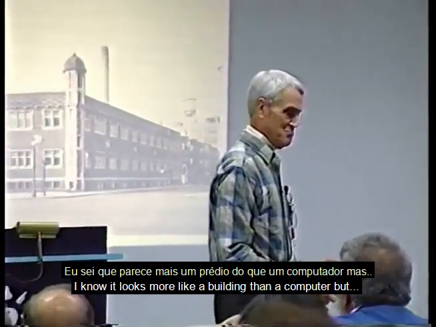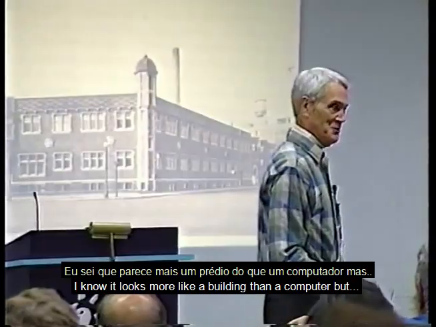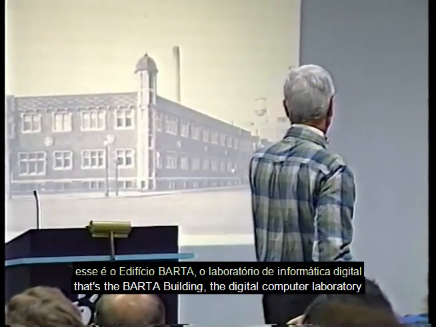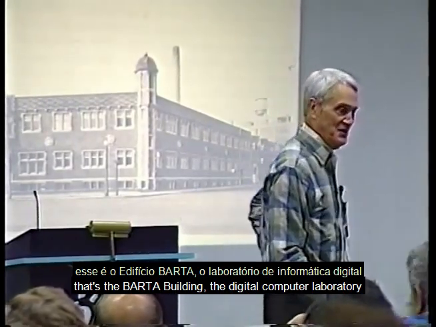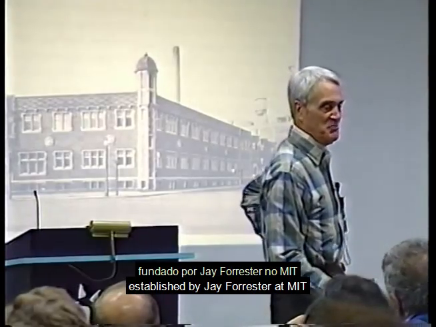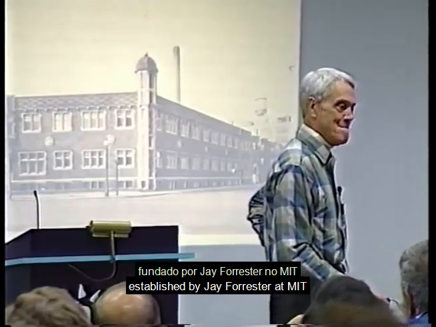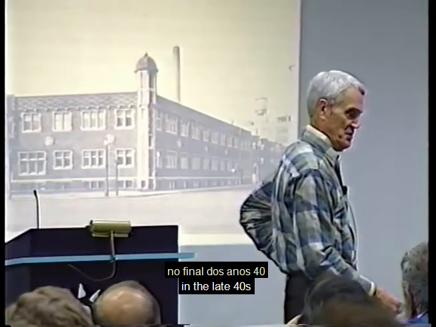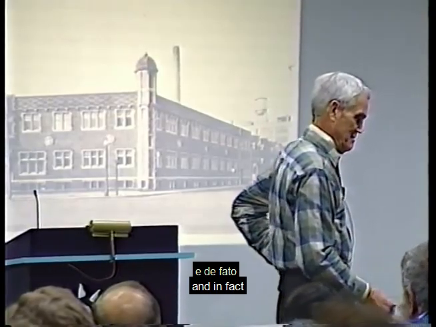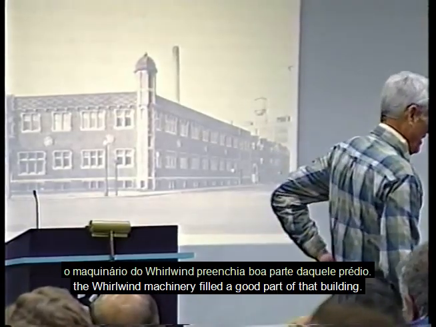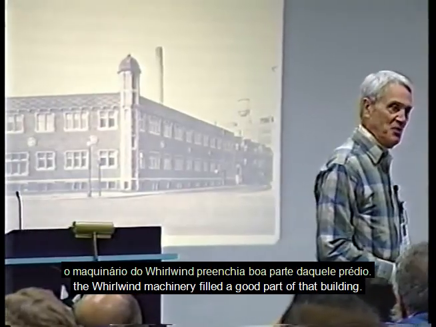I know, it looks more like a building than a computer, but that's the BARTA building, the Digital Computer Laboratory established by J. Forrester at MIT in the late 40s. And in fact, the Whirlwind machinery filled a good part of that building.